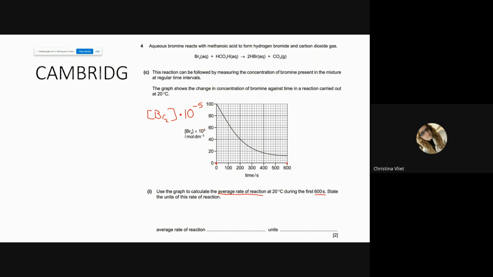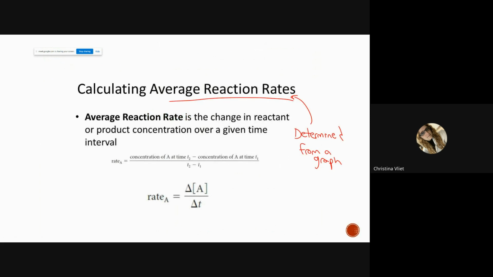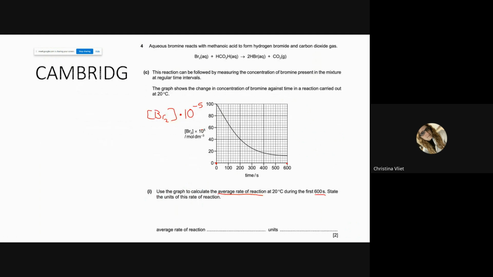So then how do we do this? Take a look at what we have here. Change in concentration over change in time. What are we technically being asked for? Change in concentration over change in time. Let's think. Concentration is on what axis?